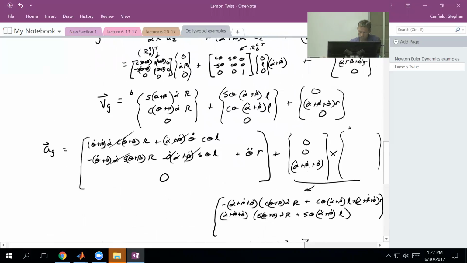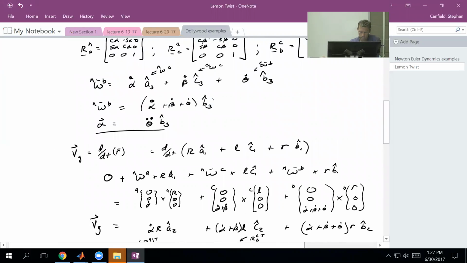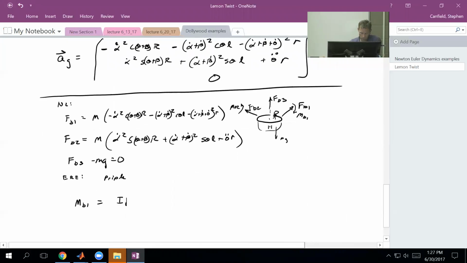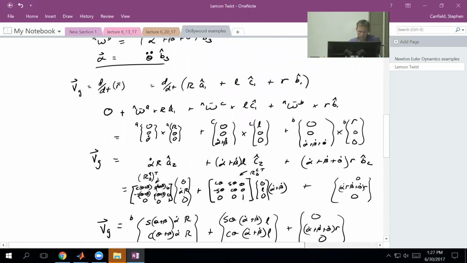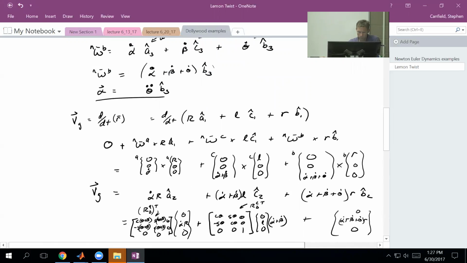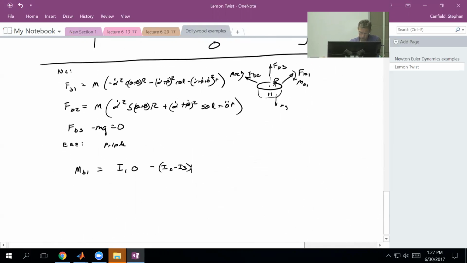And our alpha 1 we had 0, minus I2 minus I3, omega 2, omega 3, and omega 2 is 0. And omega 3 is non-zero, so that's just times 0. So it just tells us that the moment around 1 is 0.